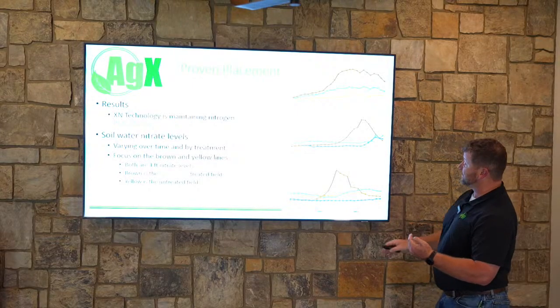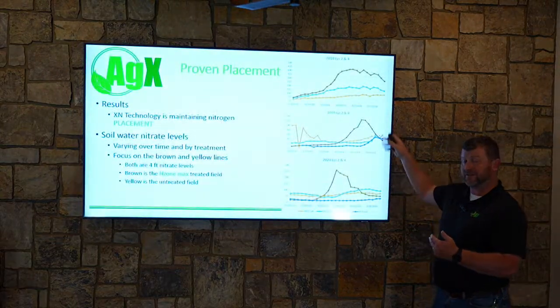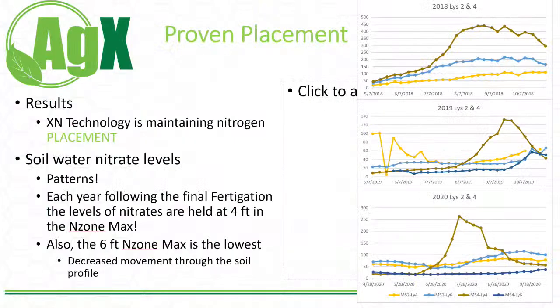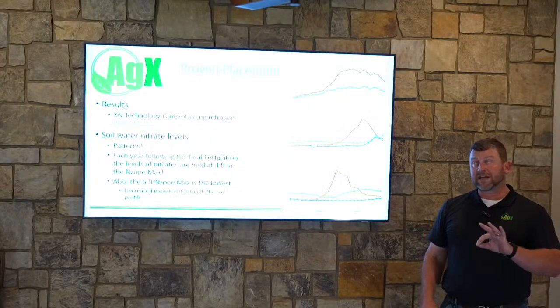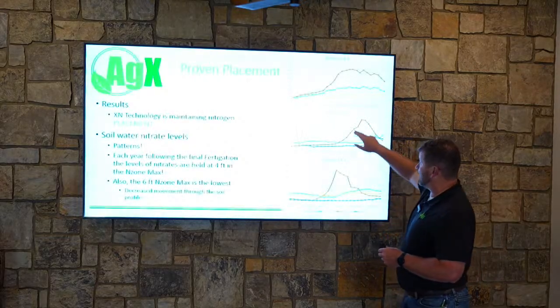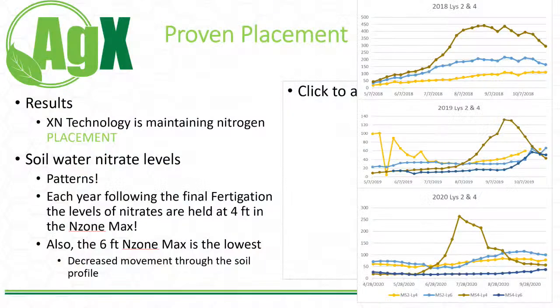The first thing we see is that we definitely have variation over time. But as we started to dig into the data, what we found is that year after year after year, so 3 years of the experiment, we started to find the exact same pattern on the N-Zone Max treated field.